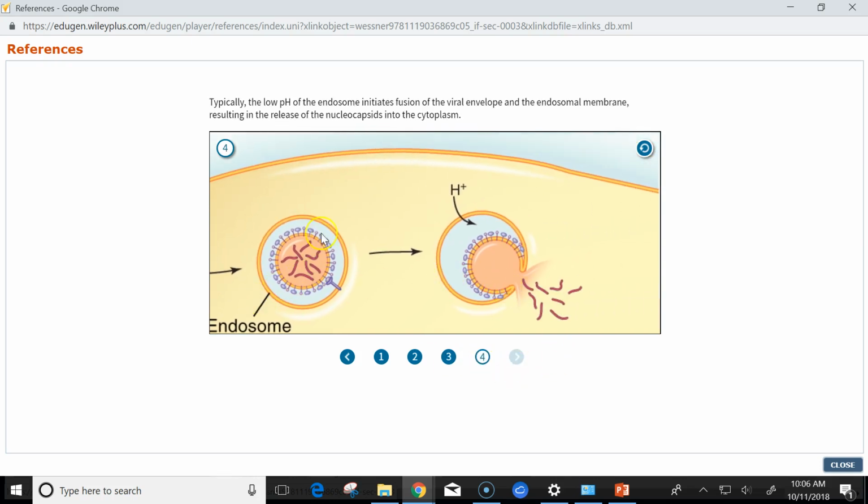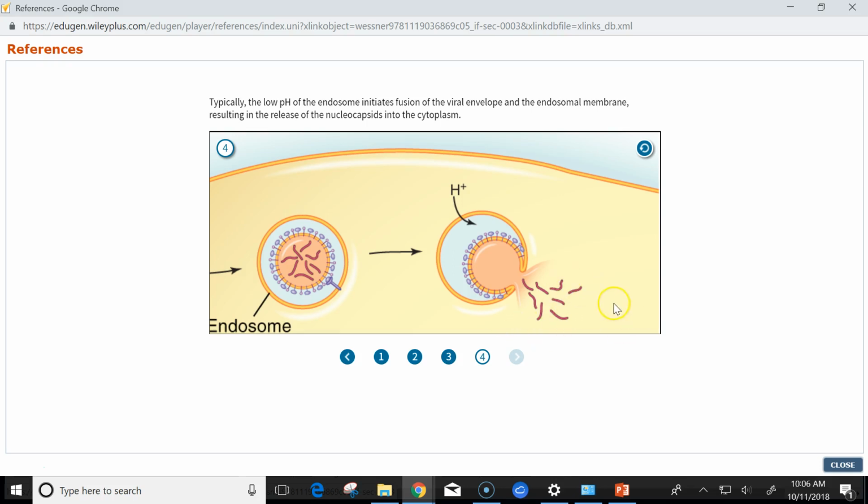Do you see that? The virus's envelope fuses with the membrane of the endosome, and this releases the nucleocapsids. Because remember, each one of these for influenza is a piece of RNA surrounded by protein.